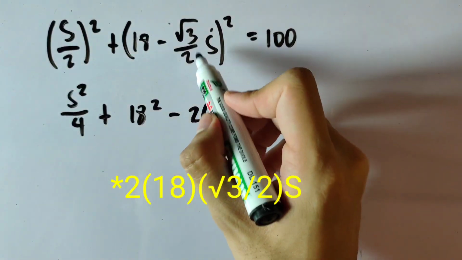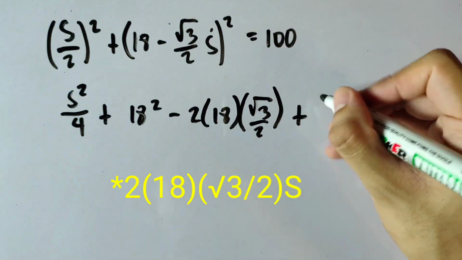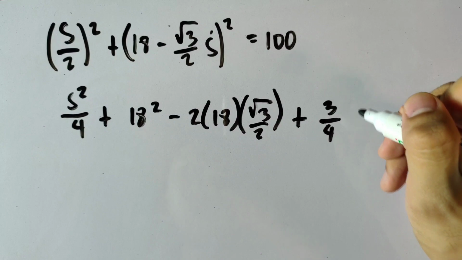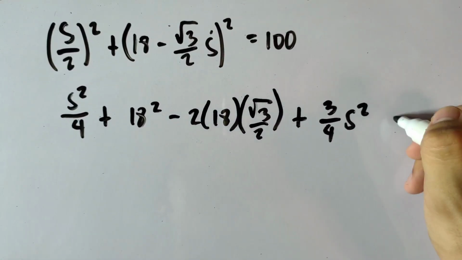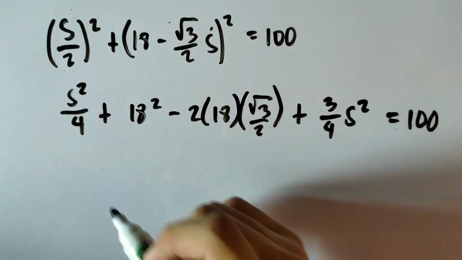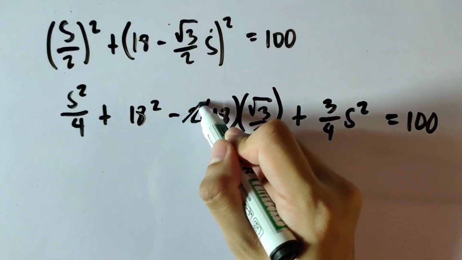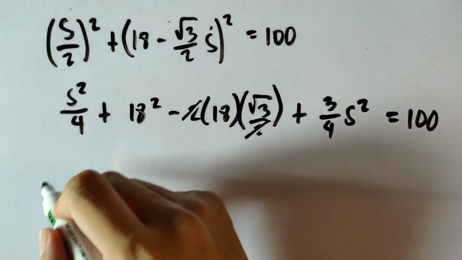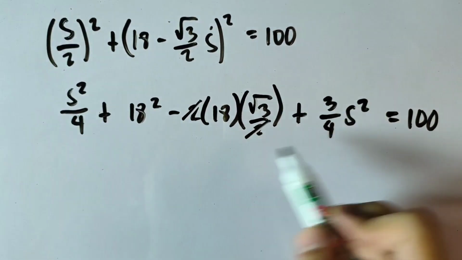Plus itong mismong to squared. S squared is equal to 100. So, i-simplify pa natin to. Ito maka-cancel yung 2 dito. Tapos, i-multiply natin both sides by 4 para matanggal yung mga fraction natin dito.